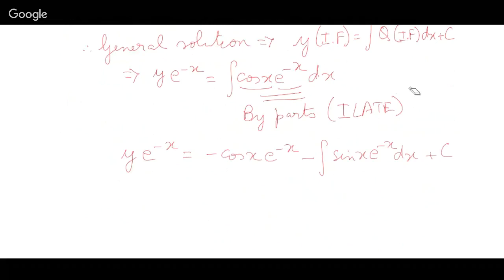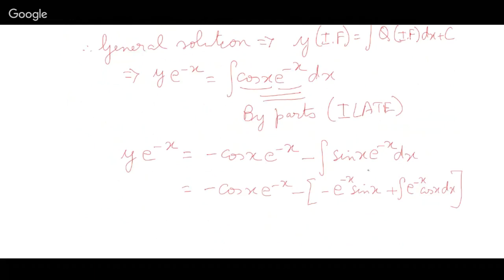So let me just erase this in order to reduce the confusion. So what we have further is minus cos x e to the power minus x minus of minus e to the power minus x sin x plus integral of e to the power minus x cos x dx.